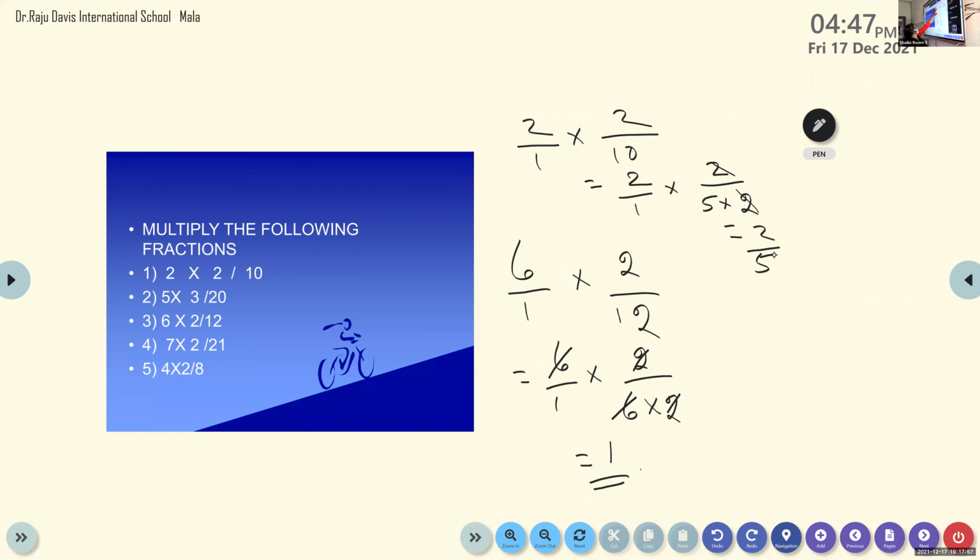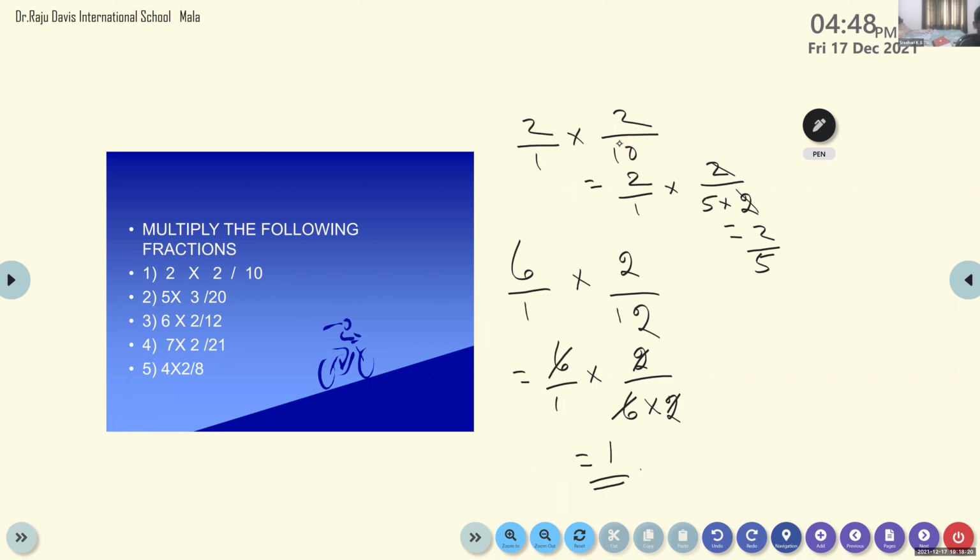Only 1, 2 will remain in the numerator. Then we need 5 into 2, which you cancelled already. Here only 1, 5 is there. 2 and 2 got cancelled, so the answer is 2 by 5. Okay, ma'am.